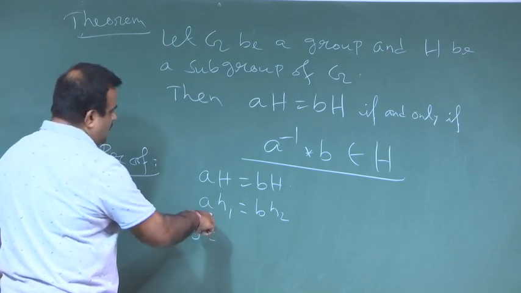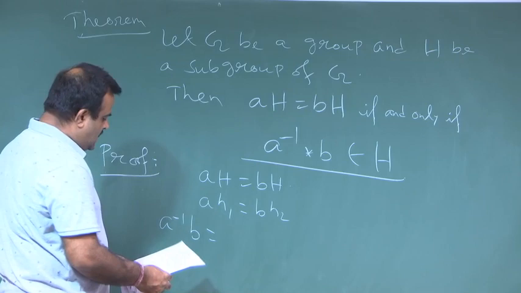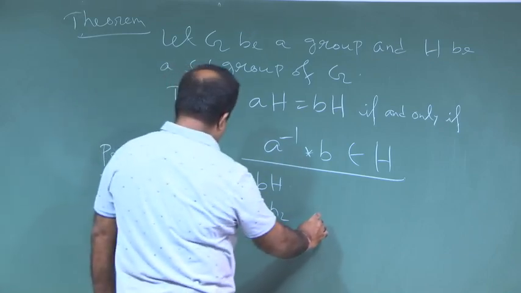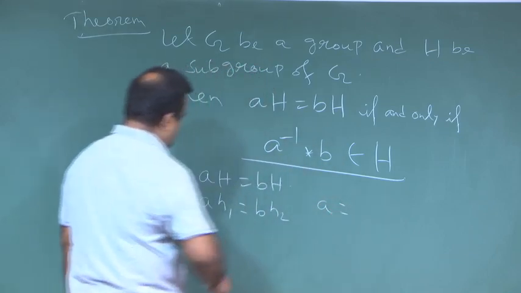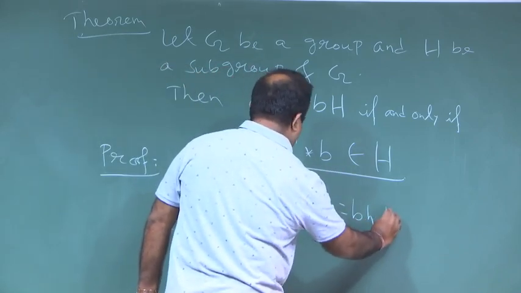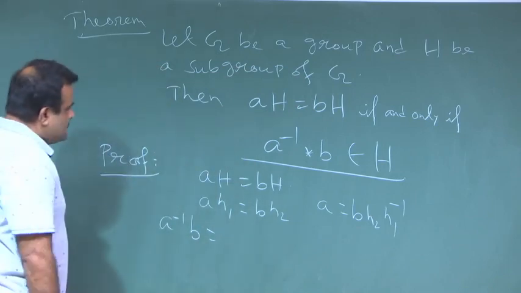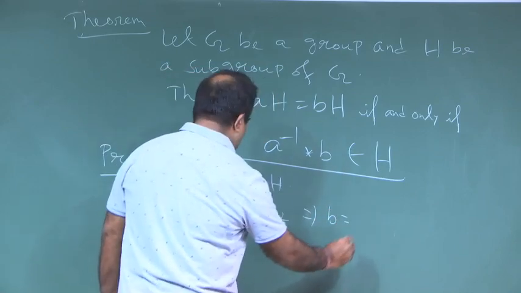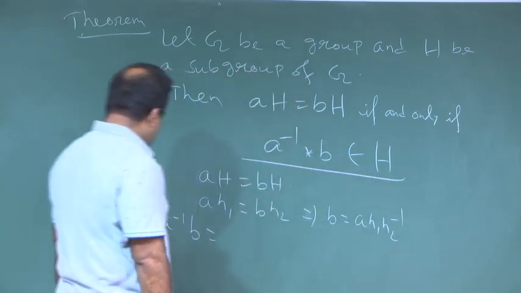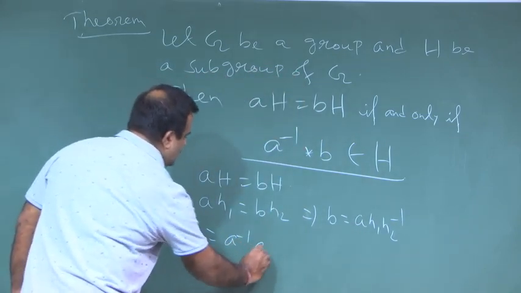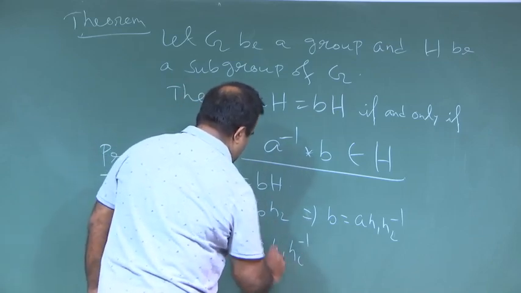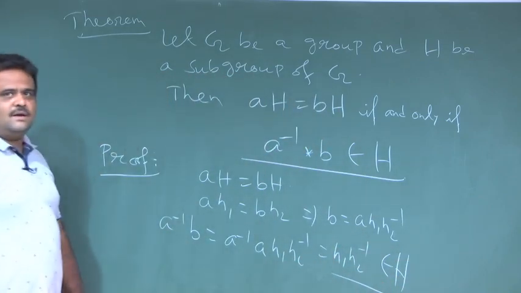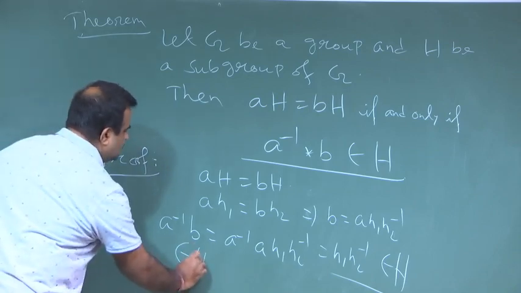So, B is basically AH1 H2 inverse. So, A inverse B is basically A inverse A H1 H2 inverse, which is basically H1 H2 inverse, which is nothing but an element in H, because H is a subgroup. So, that means this belongs to H if these two are the same.